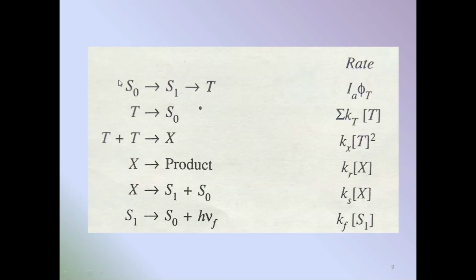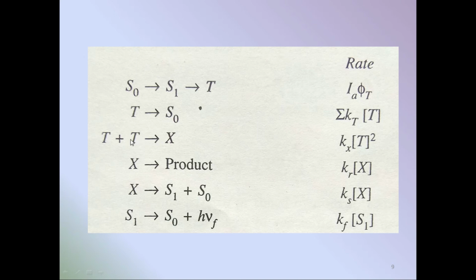Following are the various steps involved in the emission process. That is, singlet S0 is excited to singlet, undergoes intersystem crossing into triplet, triplet comes back to S0, and so on. These are all different processes which occur during this emission.